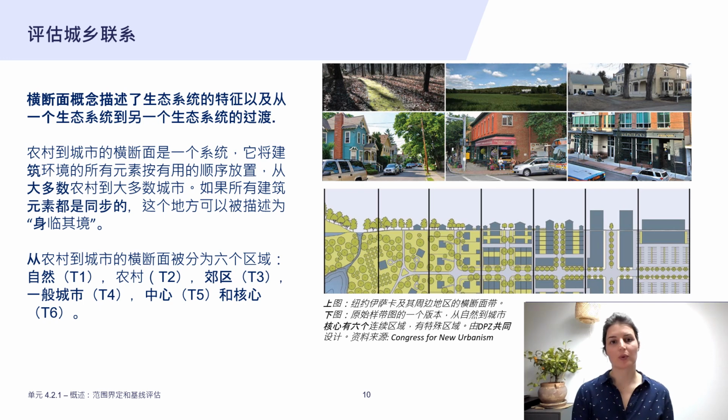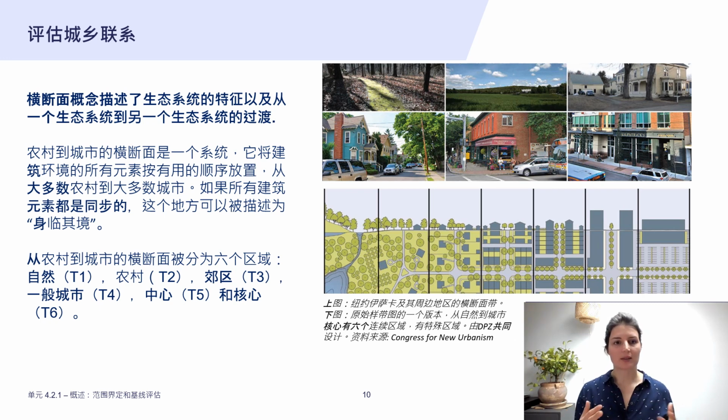Assessing the urban-rural linkages is another element that can be evaluated. The transect concept describes the characteristics of ecosystems and the transition from one to another. The rural to urban transect places all the elements of the built environment in order, from most rural to most urban.